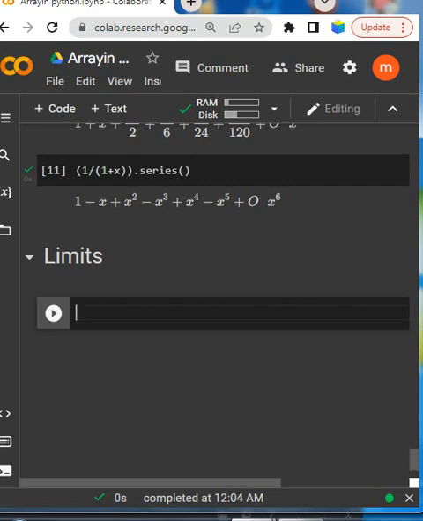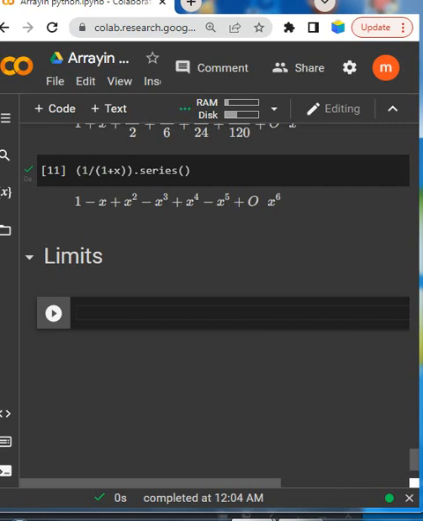If I write the differential d by dx f(x) as limit h tends to 0 of f(x plus h) minus f(x) by h, then limits are more of a theoretical tool and do not have many practical applications. Like the series expansion, it is still useful to be able to compute a limit using SymPy.